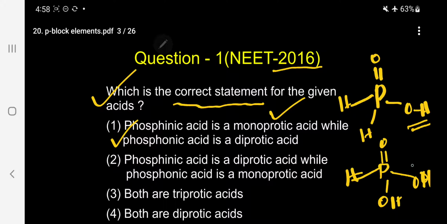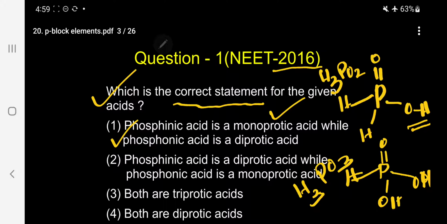The only difference is in the molecular formula: the first one is H3PO2, the second one is H3PO3.